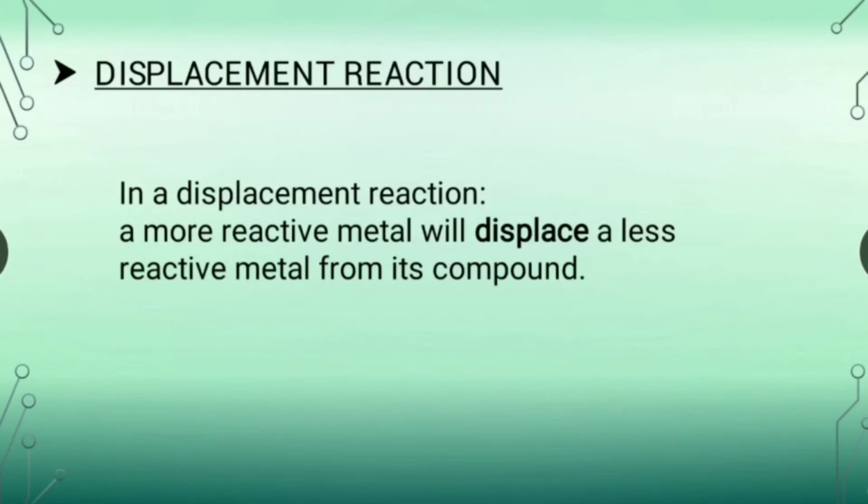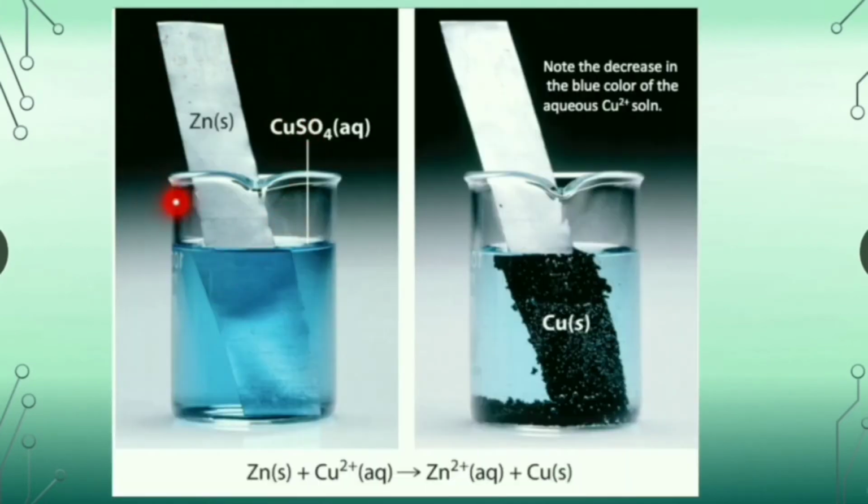Now let's see how a metal displaces other metal in a displacement reaction through an example. When a strip of zinc metal is placed in copper sulfate solution for some time, then the blue color of copper sulfate solution fades gradually and red-brown copper metal is deposited on the zinc strip.